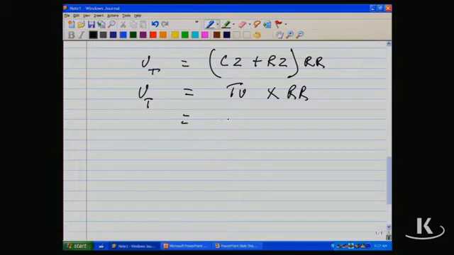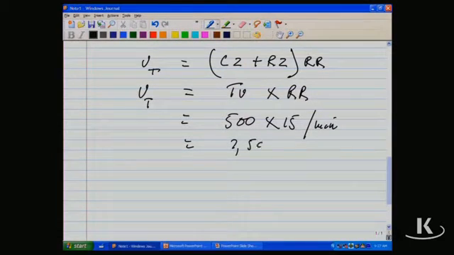In a normal person, we expect tidal volume, we said, to be 500 mL and respiratory rate to be 15 per minute. So in a normal person, we expect at least 7,500 mL per minute of air going in and out of the system. Now, question: does all of this air reach the alveolus?